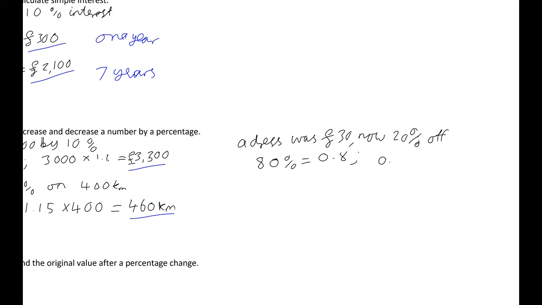So we're going to do 0.8 times 30, and that equals £24. That is exactly the same concept as the increase, except rather than adding it to 100%, we take it from 100%.